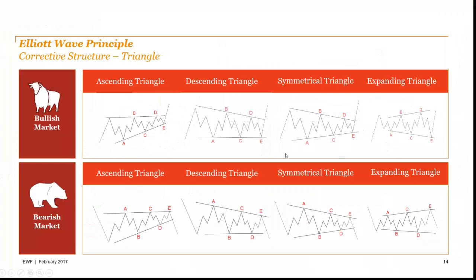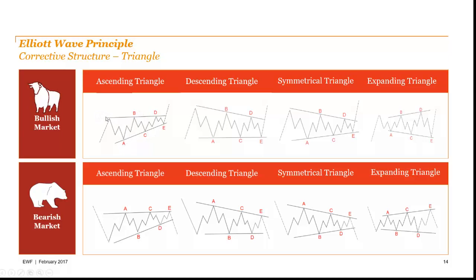So normally you will only be able to see a triangle when it is already forming A, B, C, and then you start thinking, okay, maybe this is a triangle. But you don't start forecasting a triangle when you only got a 1, 2, 3. You don't. So typically, it's not really something you want to trade anyway, because it's a consolidation. You only want to trade the trend, but not in the consolidation.